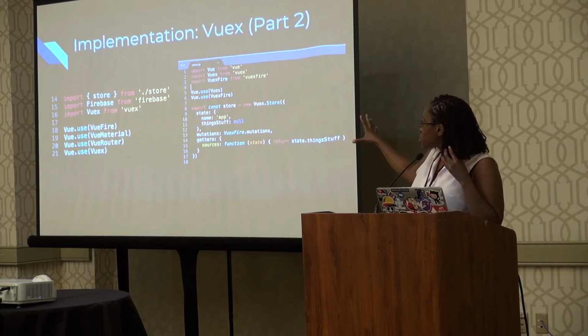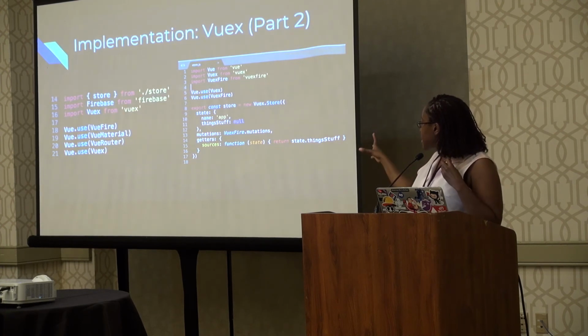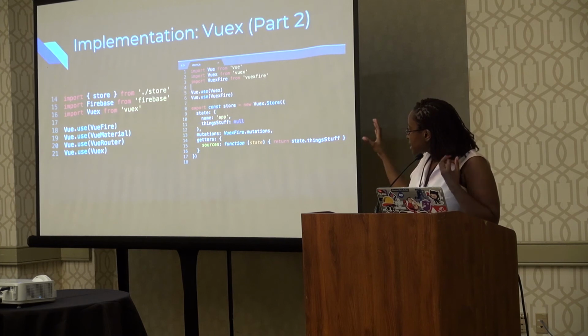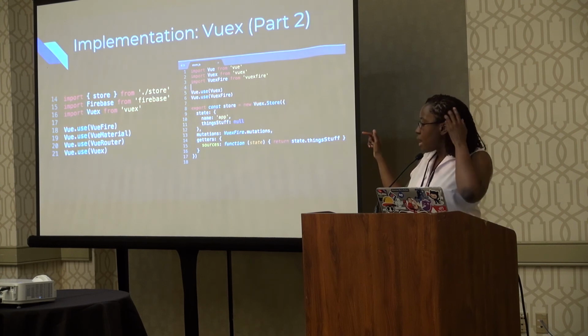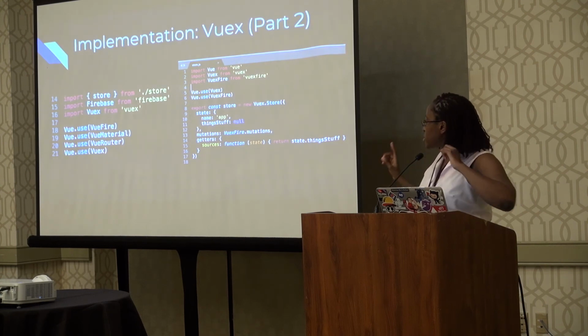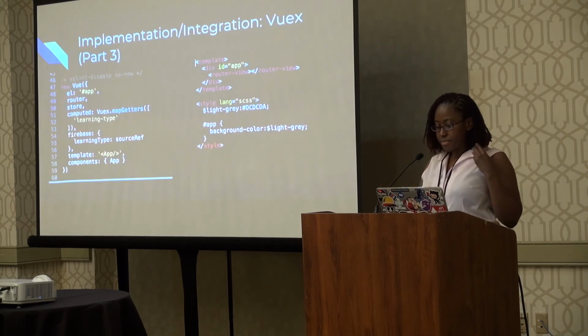I had to create a store file. I had to go through all the setup to put that together as well, adding the getters, the mutations, and then exporting it. And then I had to put it specifically into my main.js file, which is what you see on the left.